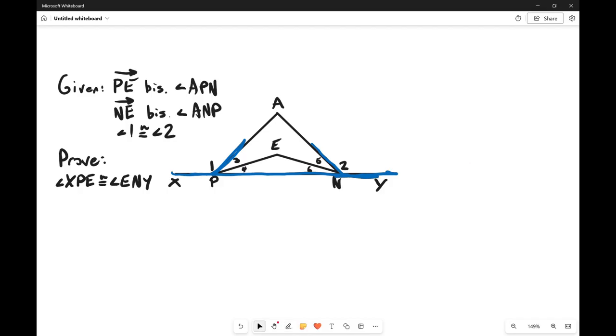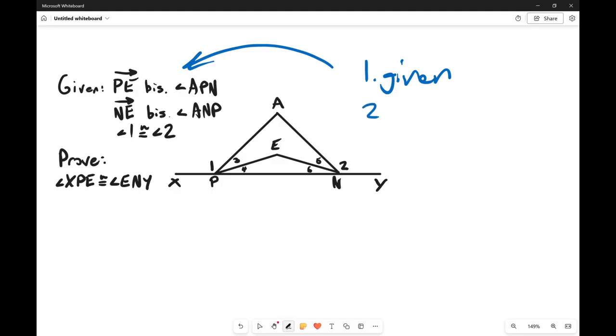So the first thing you should be checking for is, will I need to assume something? And the answer in this case is yes. So your first step, you have the given, which is just that stuff. And then the next thing will be XPY: angle XPY is straight.